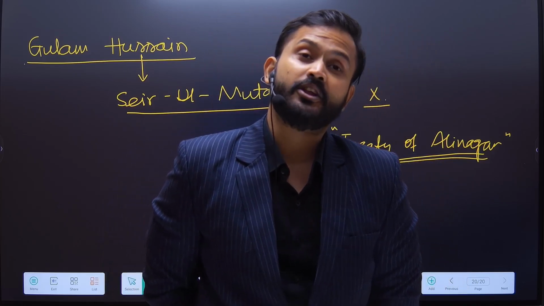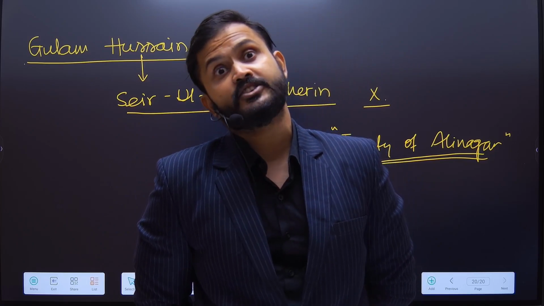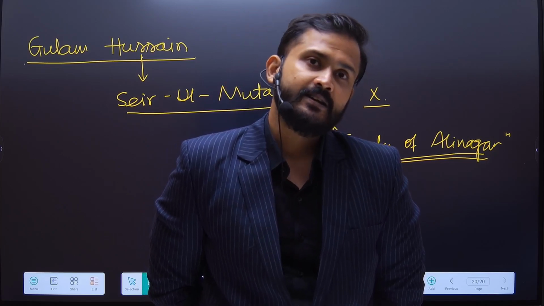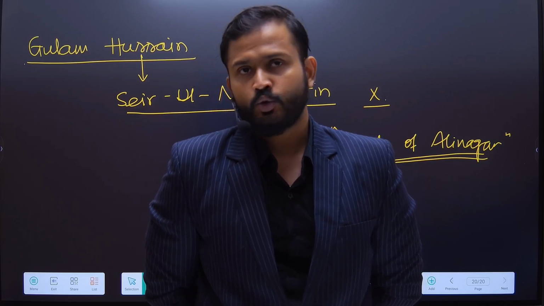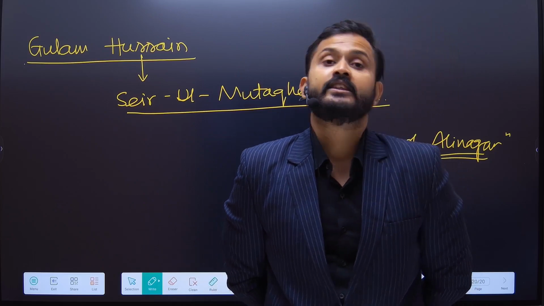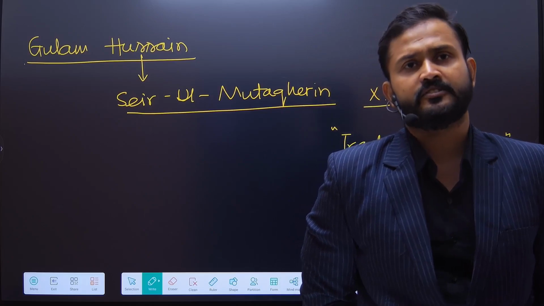Please remember, 4 years later, in 1761, the Afghans will make a full-fledged attack under Ahmad Shah Abdali or Ahmad Shah Durrani. During this period, Afghans were constantly coming and raiding India. Siraj-ud-Dawla was fearful of an Afghan attack, and he felt that the bigger threat is Afghans. Let us settle with the British first.